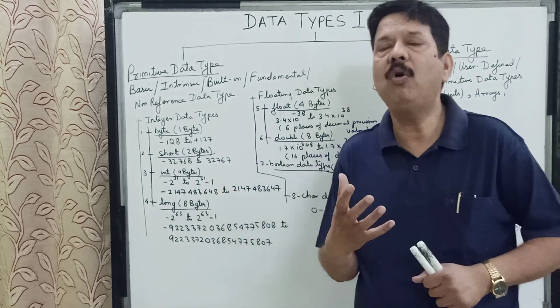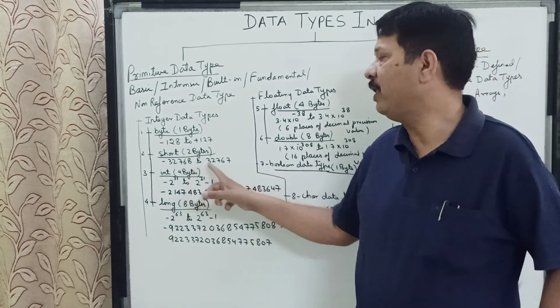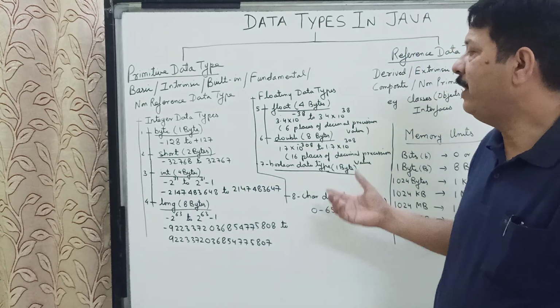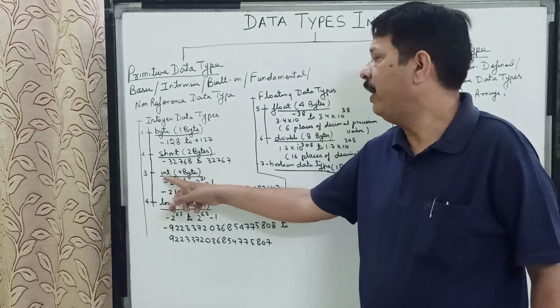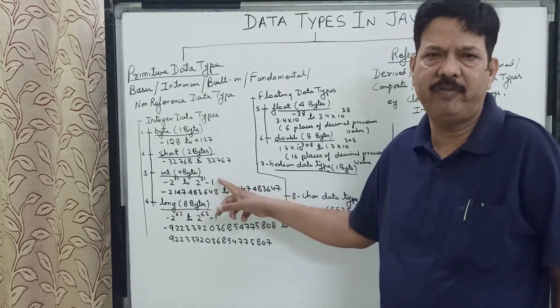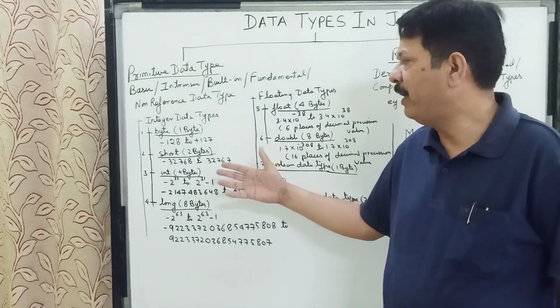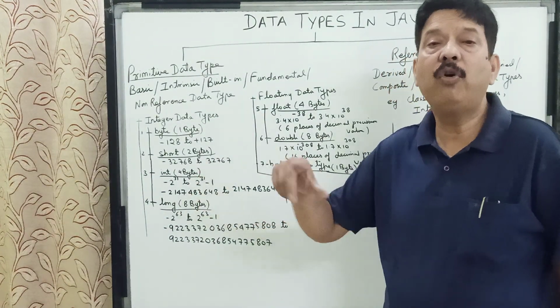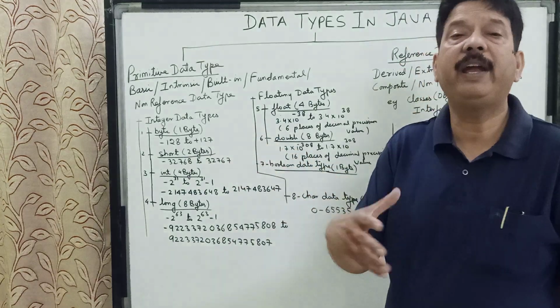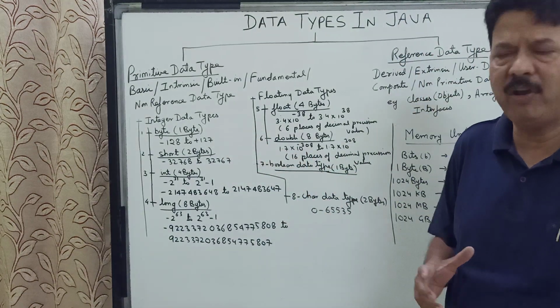So if you want to hold a value in this range, you can reserve your data of type short. Then the next is, children, the integer data type. Integer data type holds 4 bytes of data. You can also calculate that 4 bytes of data means 4 into 8, that is 32 bits, or 1 byte of data means 8 bits. You can calculate it in that way also.